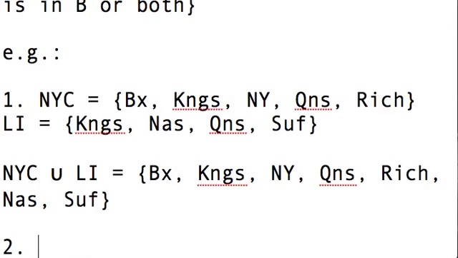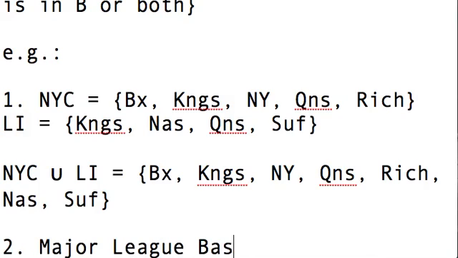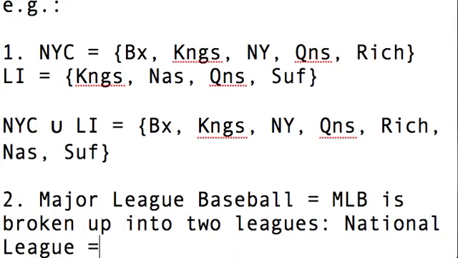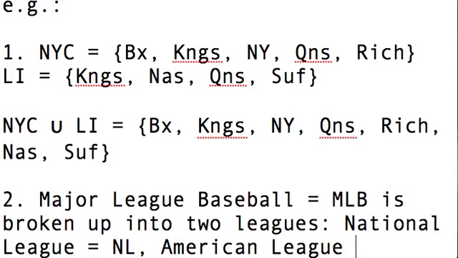Okay, here's a second example. You may or may not know this, but Major League Baseball is broken up into two leagues: the National League, called the NL, and the American League, called the AL.